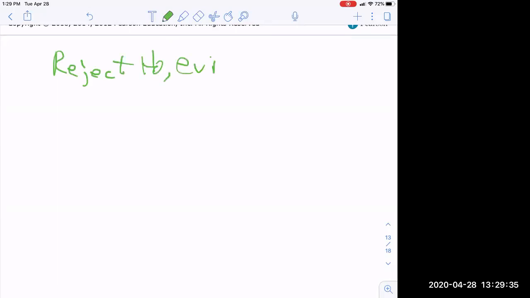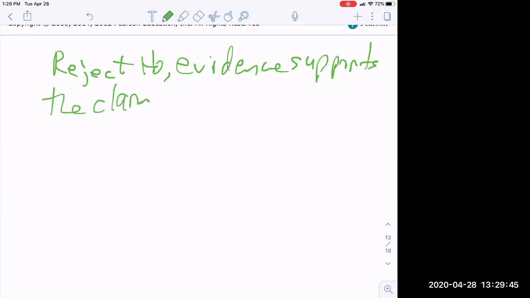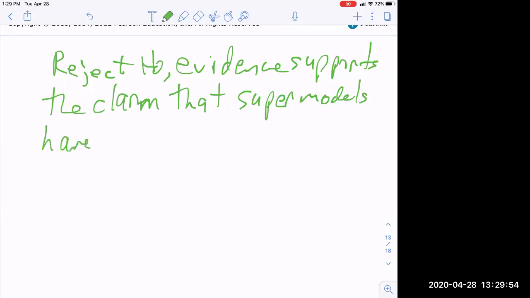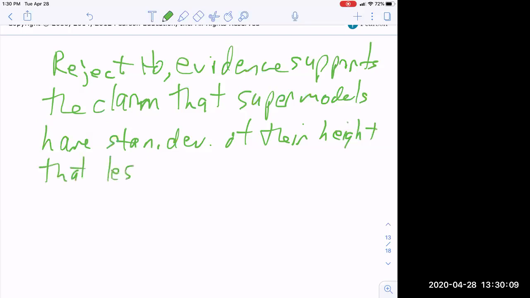Our evidence supports the claim that supermodels have a standard deviation of their height that is less than the population of 7.5 centimeters.